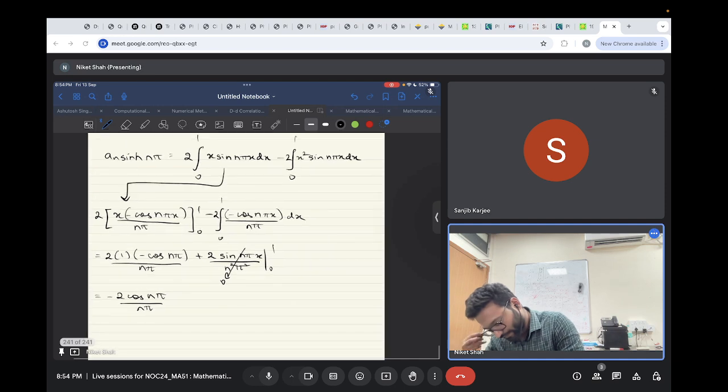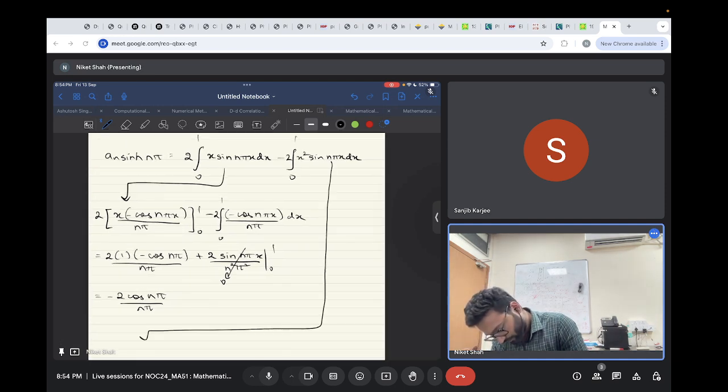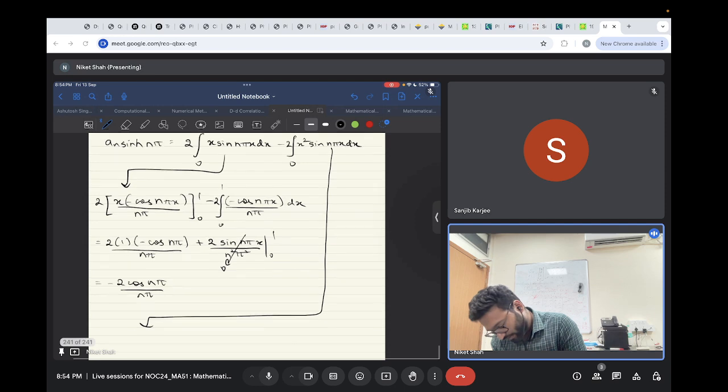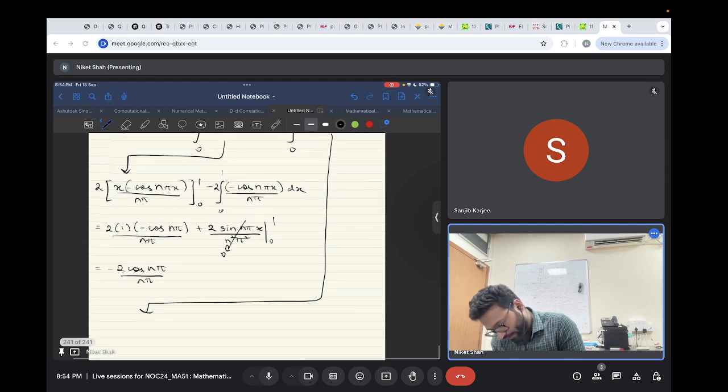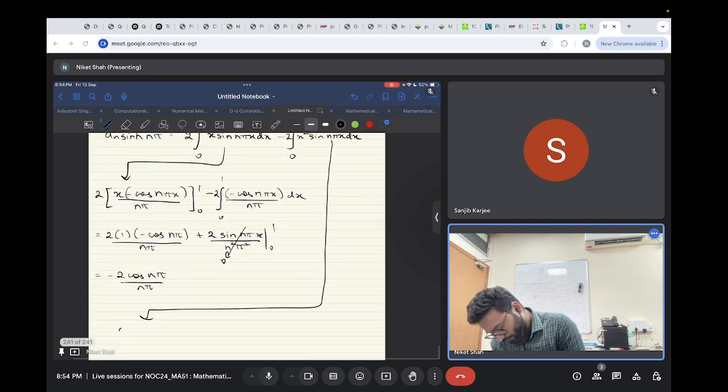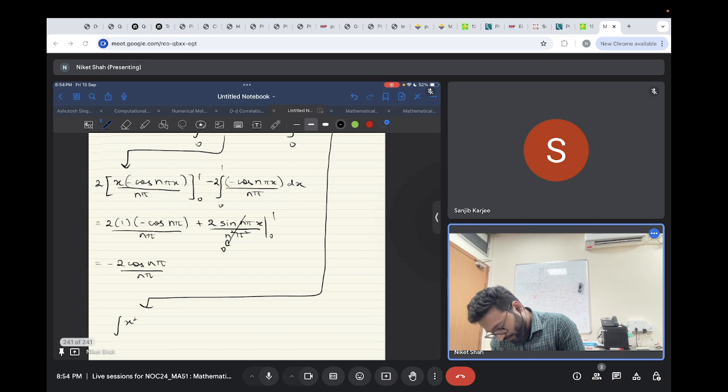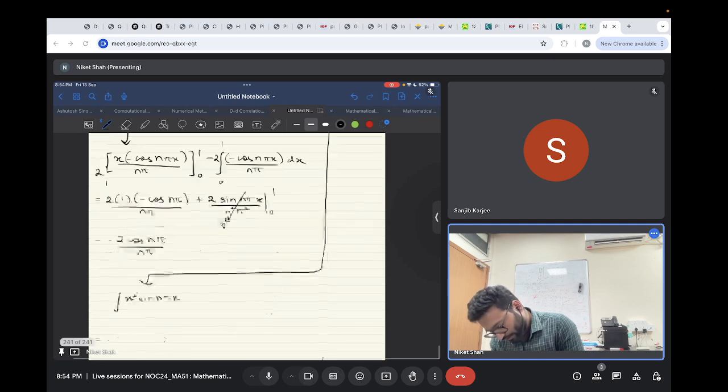Now the second one. I'll ignore the minus sign for now, which we'll take in later, and I'll ignore the 2 right now. The integral of x squared sin(n pi x) dx.